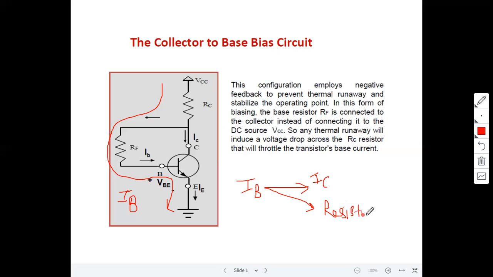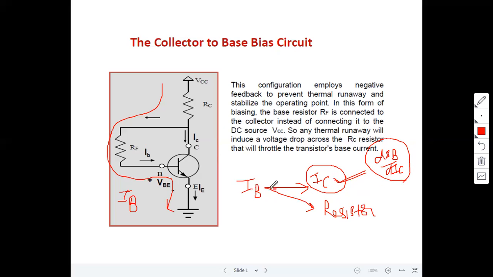For any bias circuit, we derive the base current expression in terms of IC. That is the first method, or first category. Why? Because with IB in terms of IC, we can easily find the stability factor. To find the stability factor, we require dIB by dIC. To calculate the stability factor, we require the base current expression in terms of the collector current.